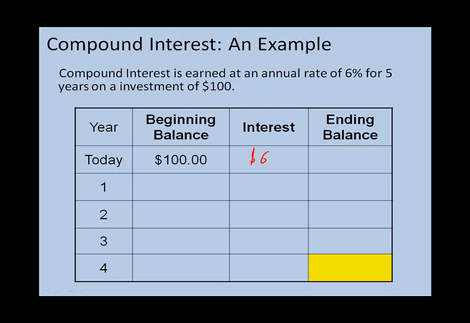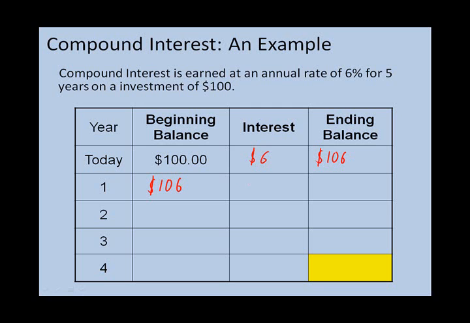So the interest payment is $6 and our ending balance is $106. The beginning balance for the next year is $106. But now, because we're using compound interest, we earn interest not just on the original investment, but also on the $6 of interest paid in the first year.